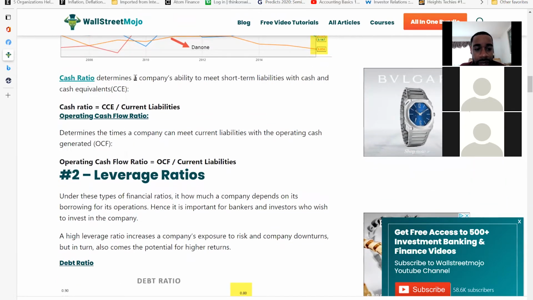The cash ratio determines a company's ability to meet short-term liabilities with cash and cash equivalents. Cash equivalents means things that you could quickly turn into cash. Have you guys ever heard of a money market account? It's pretty much when corporations have excess cash that they just want to earn a little bit of money on, they put it into the money market.